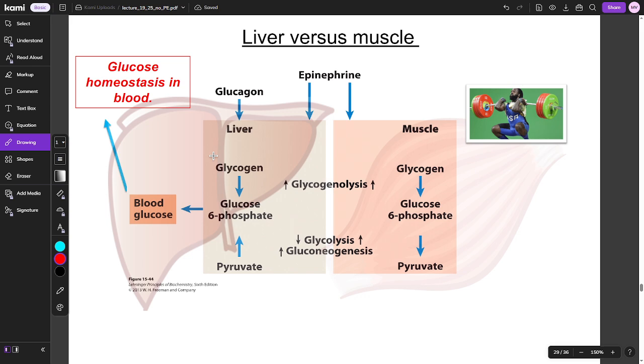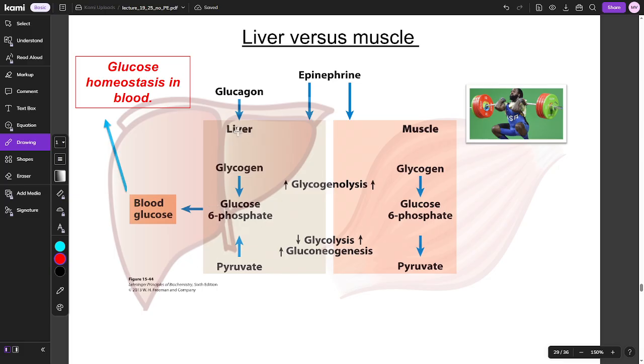So if we look here, basically what is going on is that we look at the liver versus the muscle. When the liver receives signals from glucagon and epinephrine, it basically upregulates glycogenolysis and gluconeogenesis.